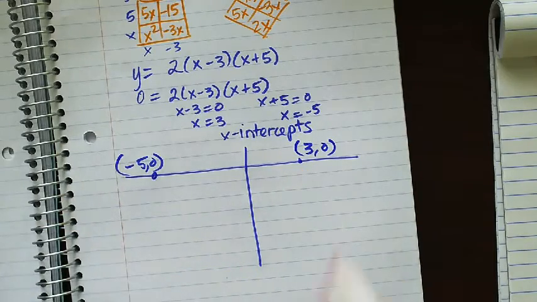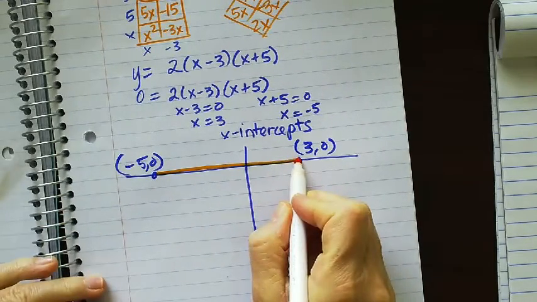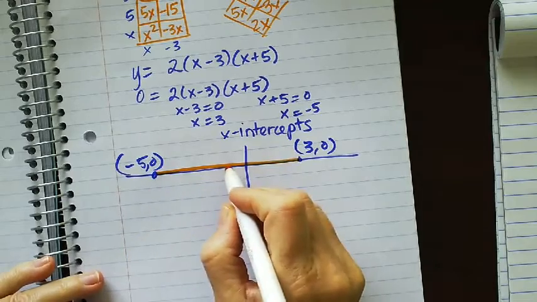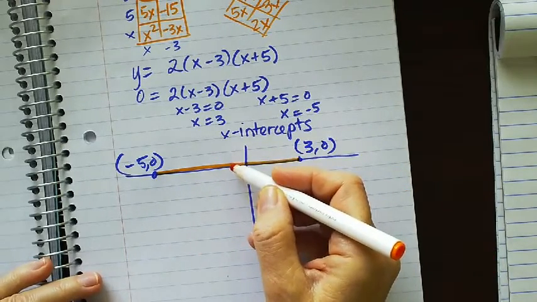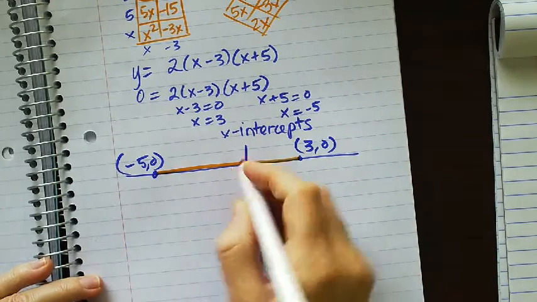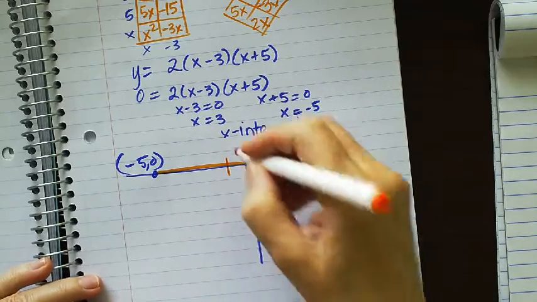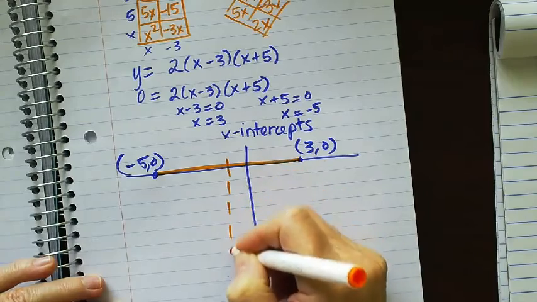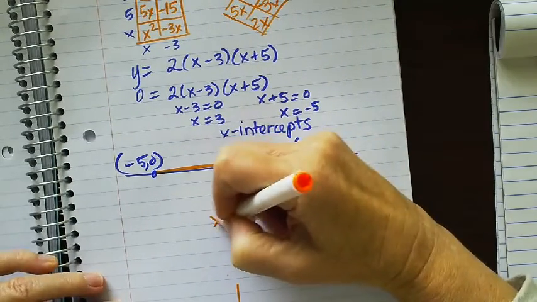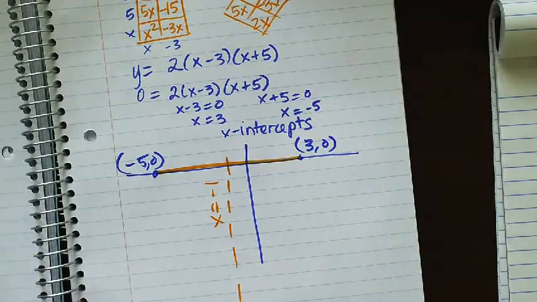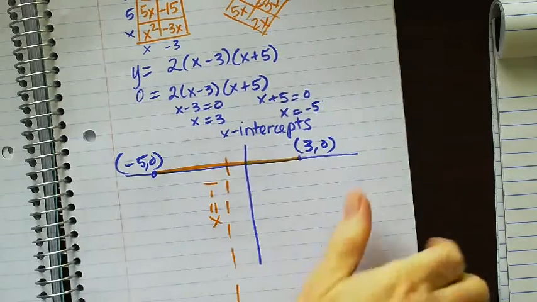So if the distance from negative 5 to 3 is 8, then I know that 4 from this direction or 4 from this direction is going to get me to the middle. So 4 over from negative 5, or 4 over to the left from 3 would put me at x equals negative 1. So I know that my vertex is on the line x equals negative 1, and I just need that y coordinate. So I'm going to take negative 1 and substitute it into the original equation.